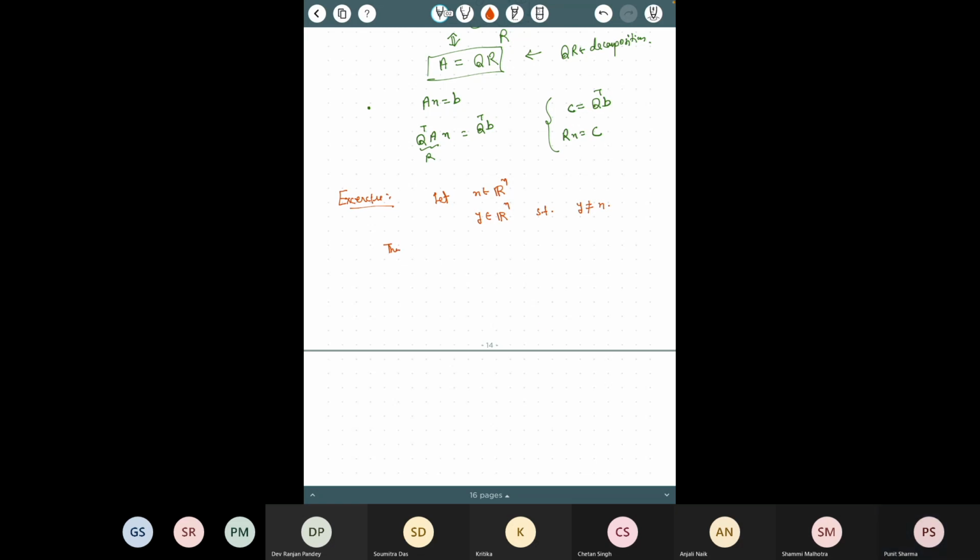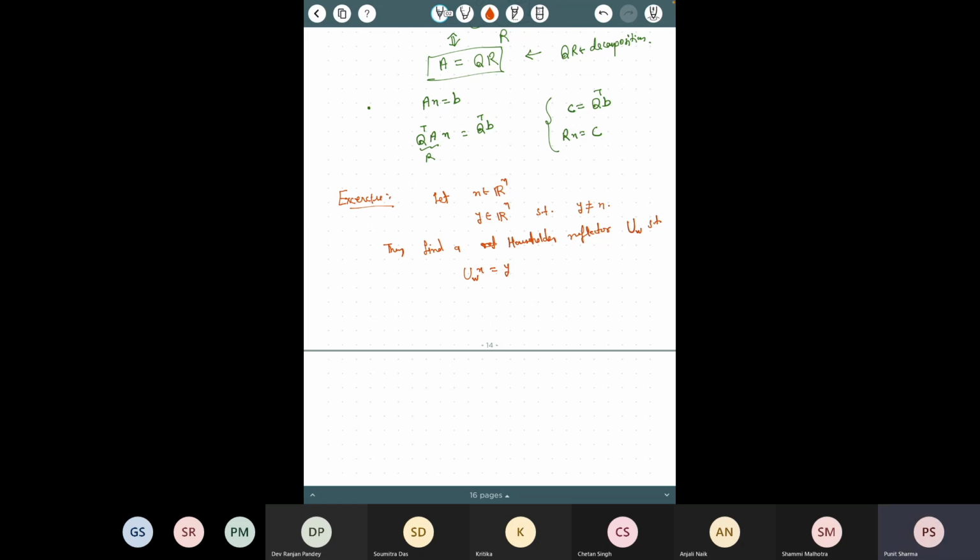Then it is possible to find a Householder reflector, say U_W, such that when you apply U_W on X, you will get Y. So you can go from one vector to the other by an application of this Householder reflector, and this is true for any vectors X and Y that are different.